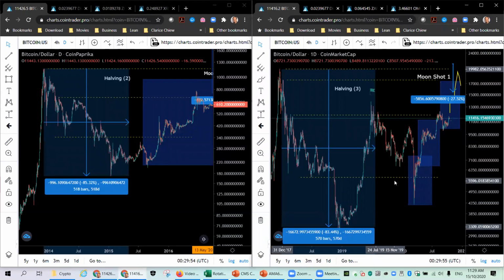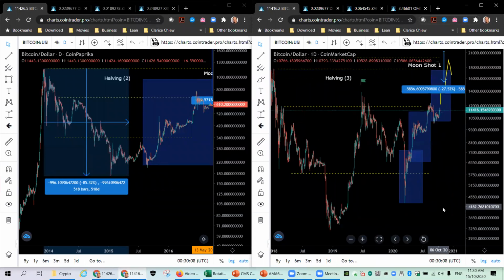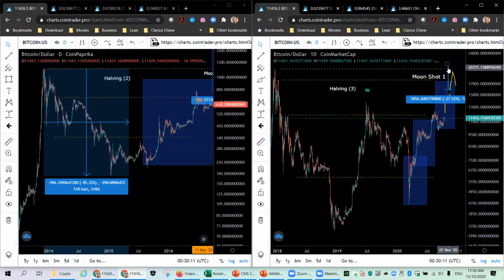So it does look like each cycle, the amount of correction seems to be reduced. So just watch out. It might not necessarily go down 35%, but somewhere around 30% would be good. So yeah, that's something to watch out for. Is that clear?